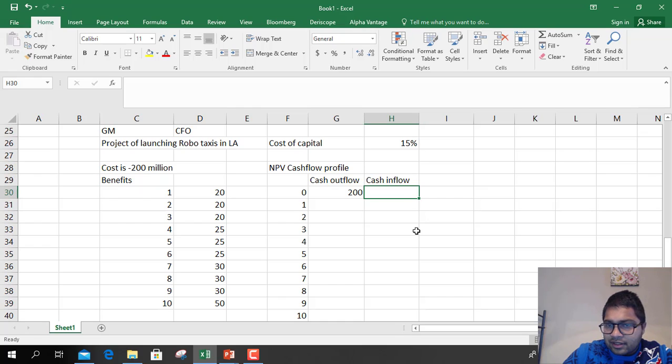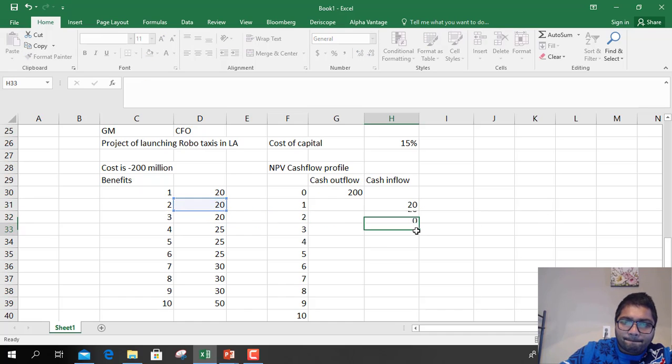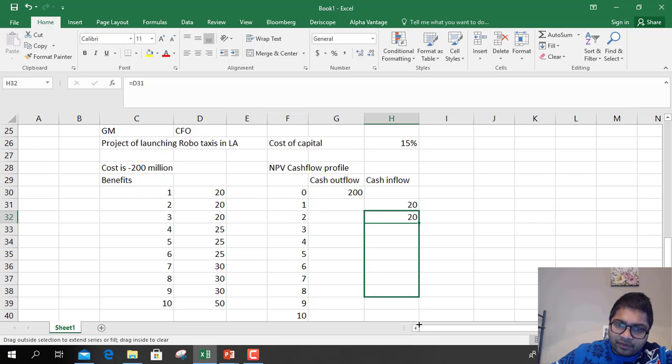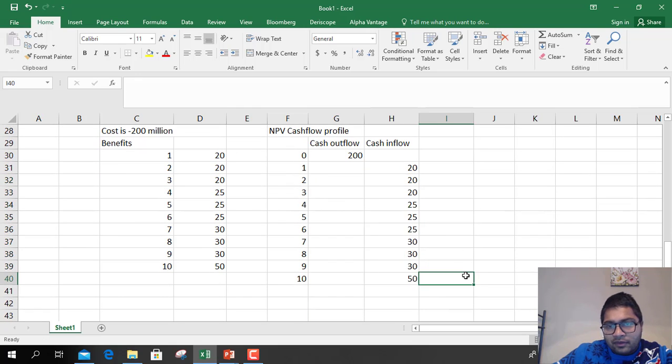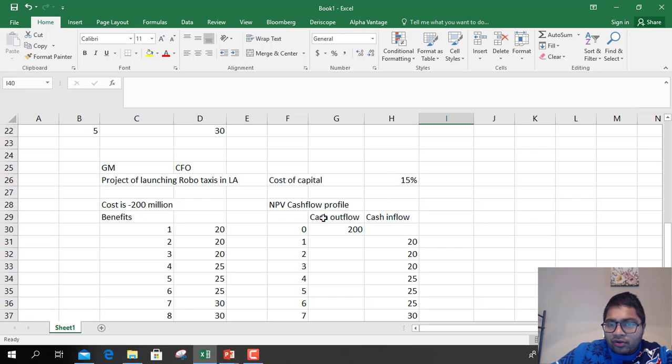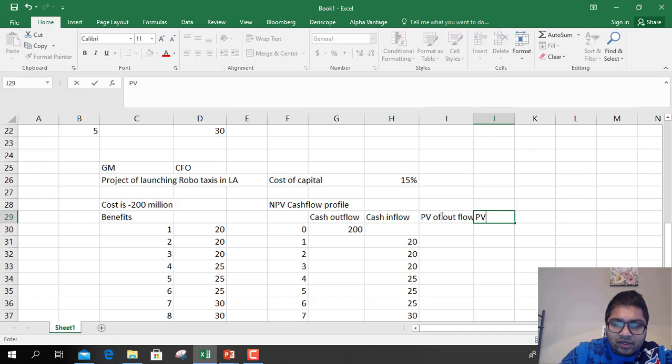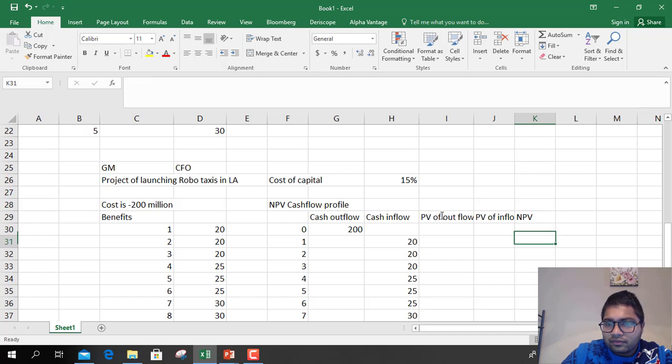Cash inflow starts with year 1, so 20 million, and whatever is given in the benefit profile. You know the cash outflow and the cash inflow. You need to find the present value of outflow, then the present value of inflow, and then the net present value. The present value of outflow is 200 million. The present value of inflow you need to calculate.